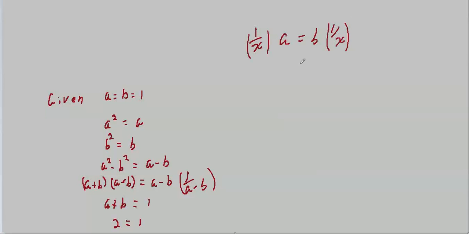But what is our big, huge, important, major restriction? x not equal to 0. The division property of equality is bogus if you're going to divide through by 0.